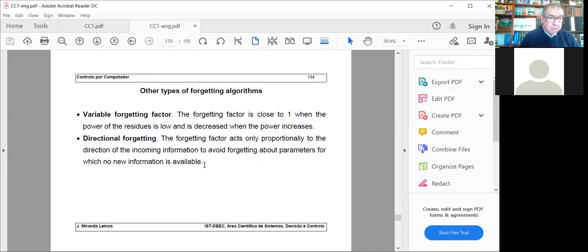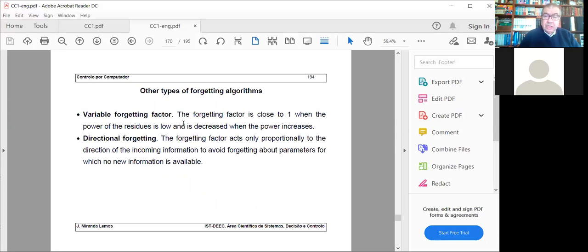But they have one problem. The convergence of standard recursive least squares is very fast. Even, well, with forgetting you don't converge because you are always fluctuating. But the standard forgetting, exponential forgetting, does not destroy the fast convergence of recursive least squares.